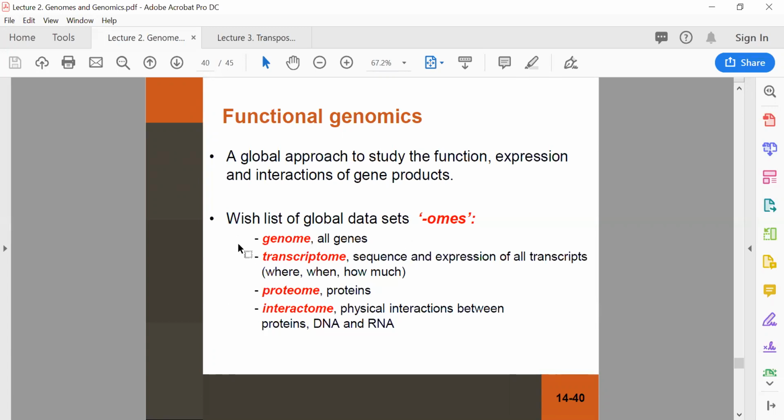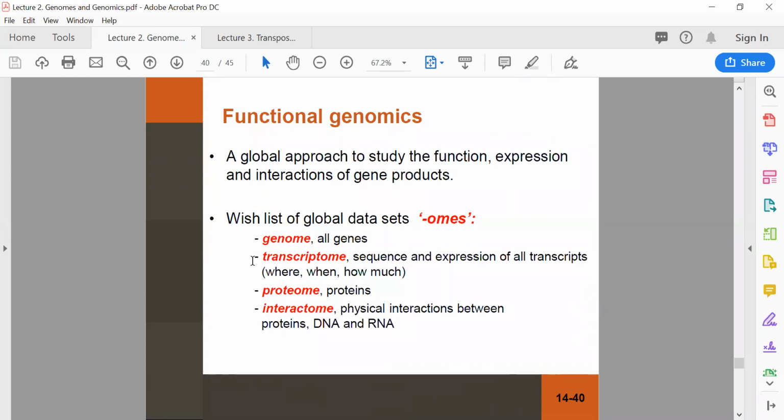So following the example of the term genome, meaning all the genes, researchers have also coined these other global data sets.